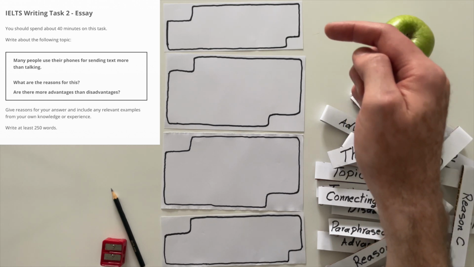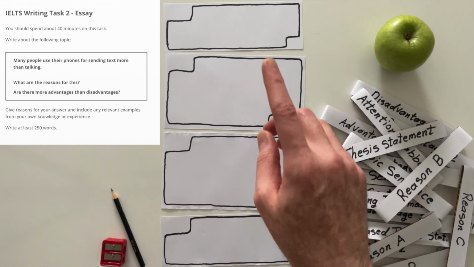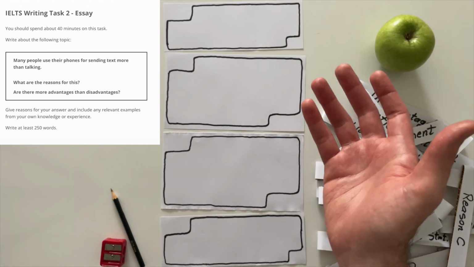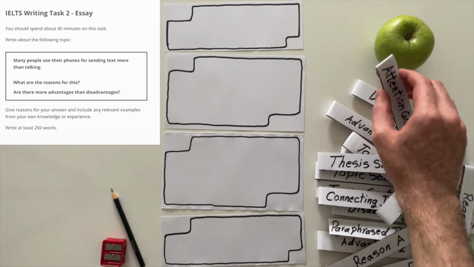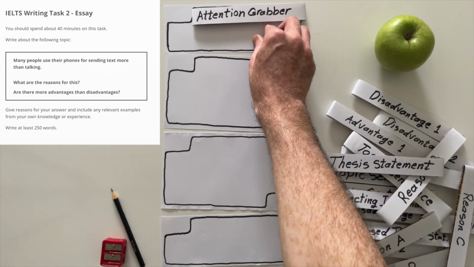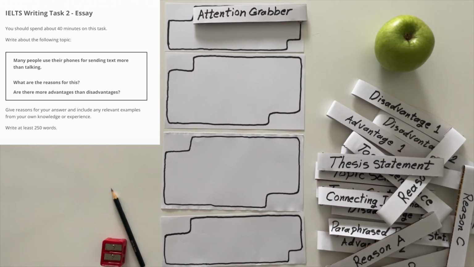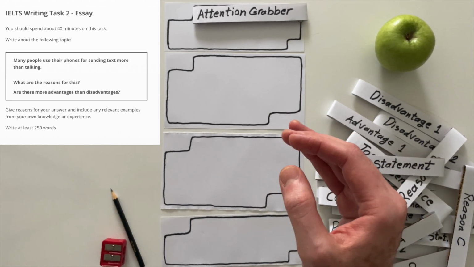In the introduction, we need to say some elements here. The very first thing, which is optional, you may want to do it or not, is something called an attention grabber. So I'm going to go ahead and say something that will grab my audience's attention. In this case, my audience is the examiner.